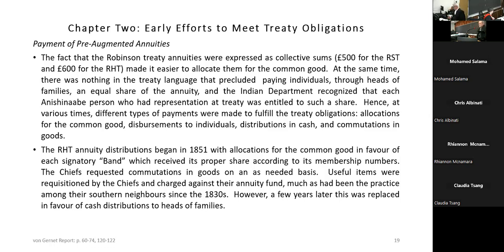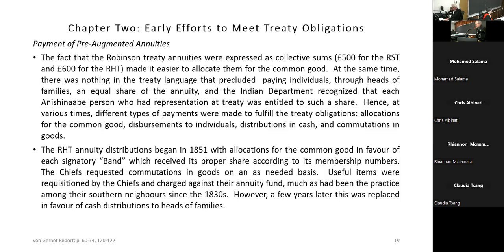Yes. As we know by now, in the Robinson treaties the annuities were expressed as what I refer to as collective sums, in the sense that they're a single figure for the entire RST or RHT populations. That made it easier, obviously, to allocate them for the common good, much like many of the earlier pre-1850 treaties had.